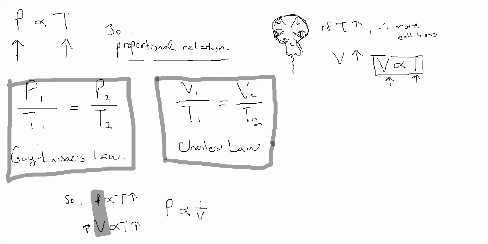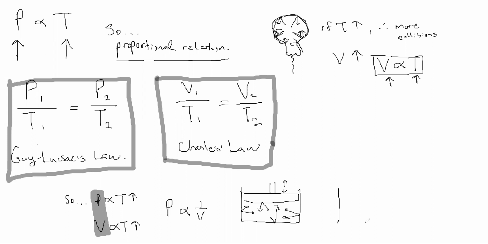Okay? Let me try to explain. Let's pretend I have a piston. Okay, this can go up or this can go down. And inside this piston, there's a whole bunch of molecules bouncing around, causing lots of collisions. So here's a bounce, here's a bounce, here's a bounce, and here's a bounce.